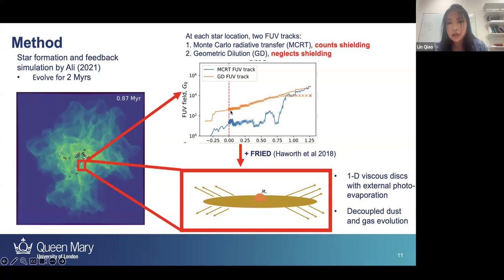And for comparison, we also track the FUV field radiation incident upon the same stars with simple geometric dilution, neglecting the gas cloud attenuation of the FUV field, therefore without counting the effect of cloud shielding. We then evolve a 1D viscous disk model with the effect of external photoevaporation induced by its unique history of FUV radiation. And this is done for every star that's generated in the cluster.